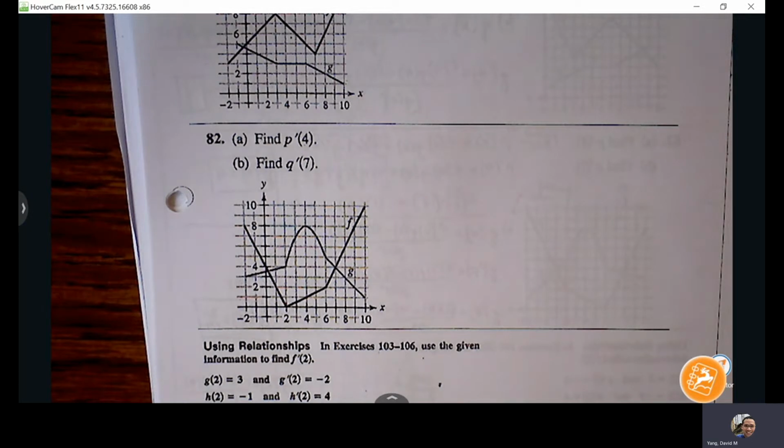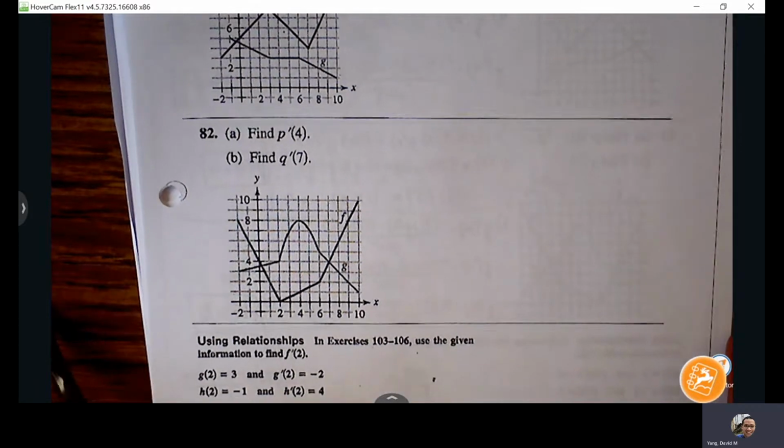But with f and g, we kind of have to leave it in that form, so it doesn't quite work as nicely. Thank you. I understood everything after that. It's just that part. Okay. Right. We're really just kind of following the definition of chain rule and just working through it. Okay. So 82.